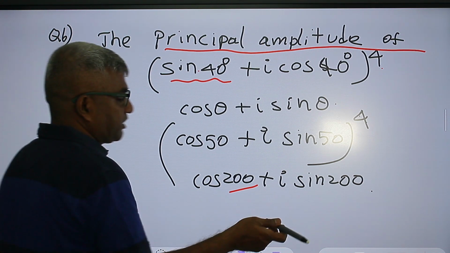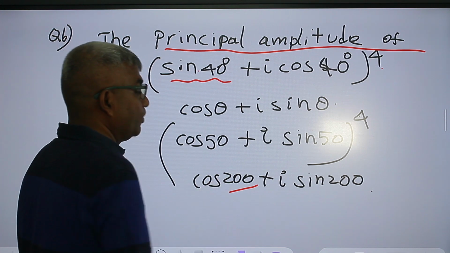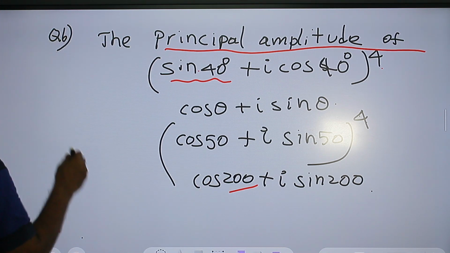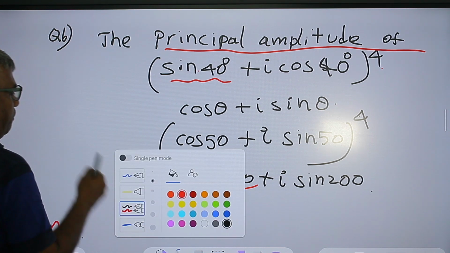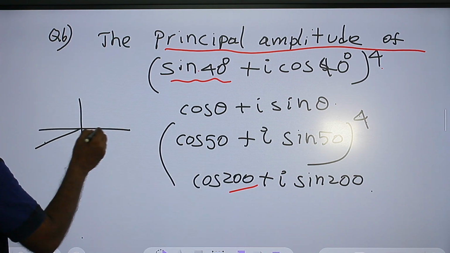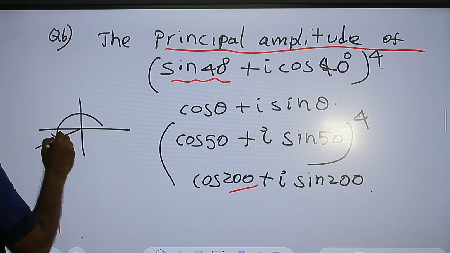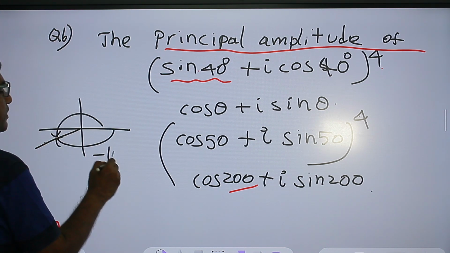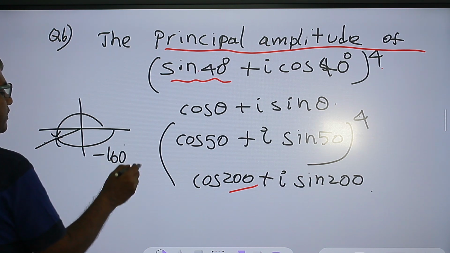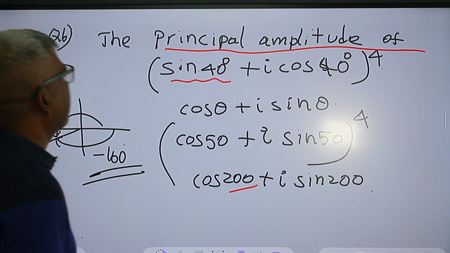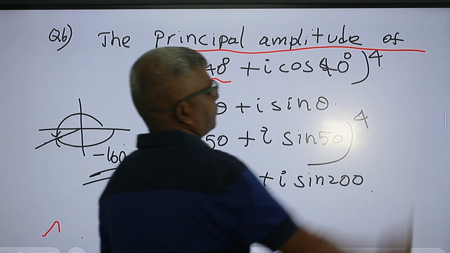Plus pi is 180 degrees, but this is 200 degrees. Our principal amplitude value should come in the range minus pi to pi. So what is 200? This is 200. So better represent it as minus 160. Okay, minus 160. So the principal amplitude is minus 160.